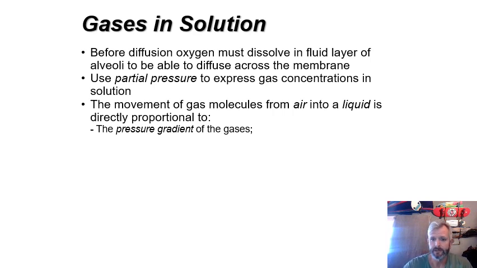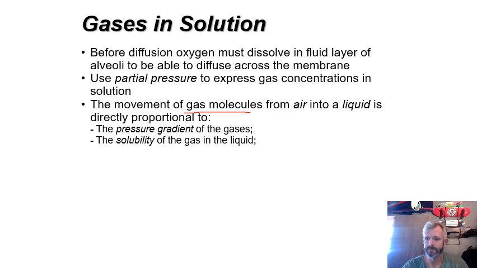Okay, so movement of gas from the air into a liquid. We're going from air, the alveoli, into a liquid, and we're talking gas determined by pressure gradients. But then the other big factor is the solubility of gas in the liquid. Okay, and temperature. But let's look at solubility of gas.